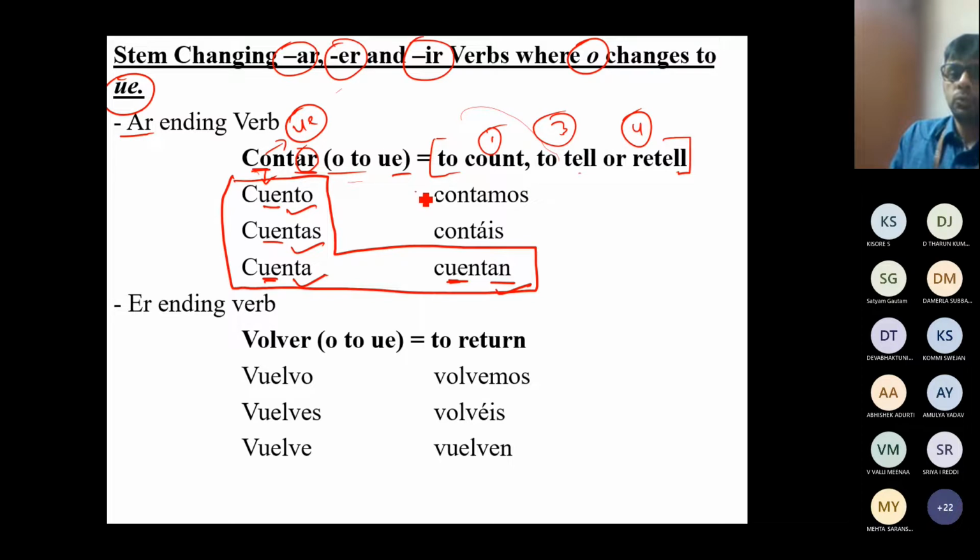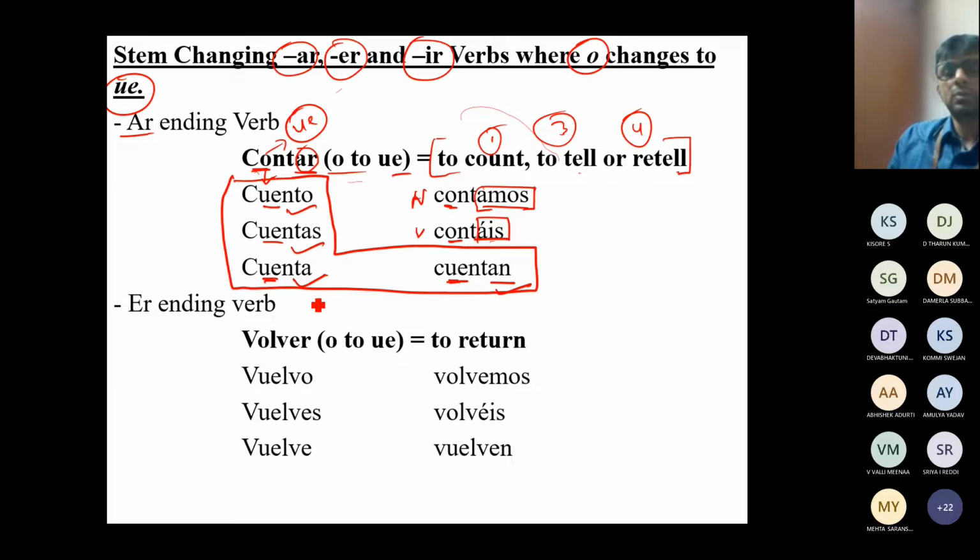Okay. The nosotros and the vosotros form, if you see, the stem part has not changed. O has remained as O. Only the end part has changed. Being an AR ending verb, we will be putting amos and áis. Okay. So this is what you call a boot rule.